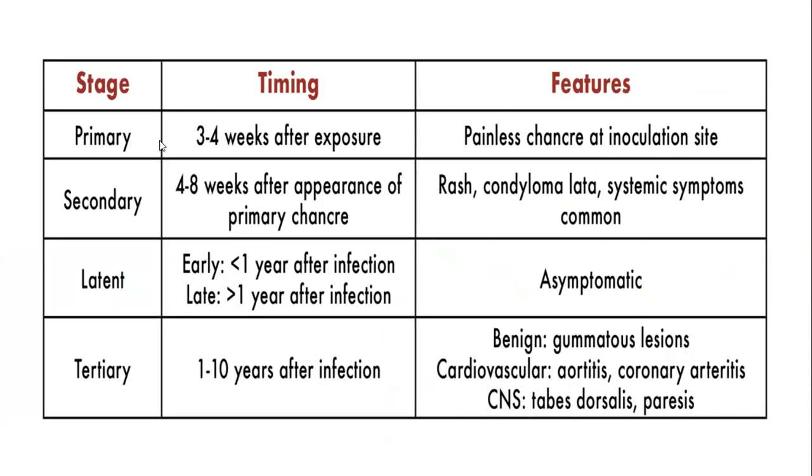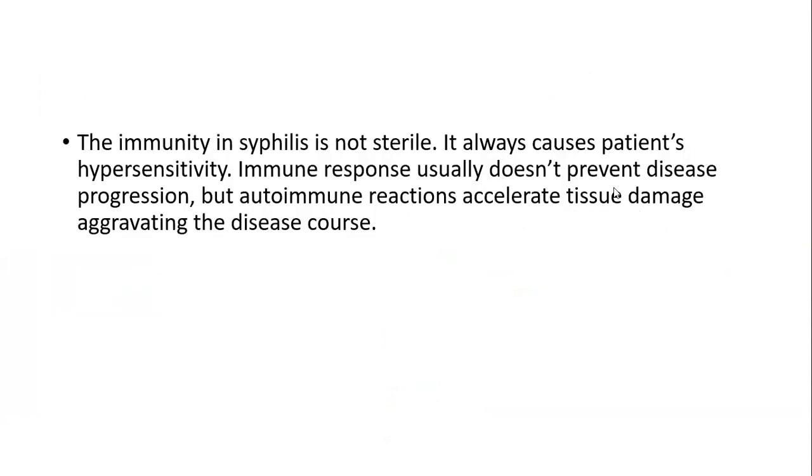Okay, here you can see the stages, timing, and features of each stage. The immunity in syphilis is not sterile. It always causes hypersensitivity in patients. The immune response usually doesn't prevent disease progression, but autoimmune reaction accelerates tissue damage and aggravates the disease course.